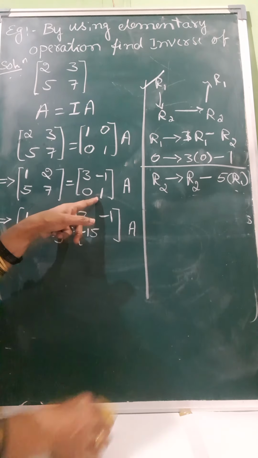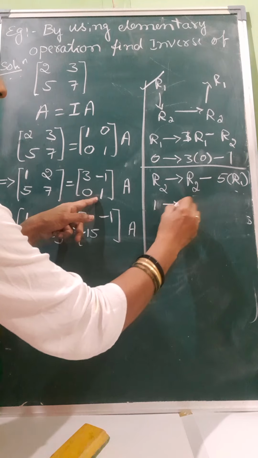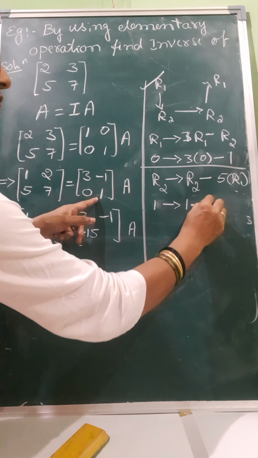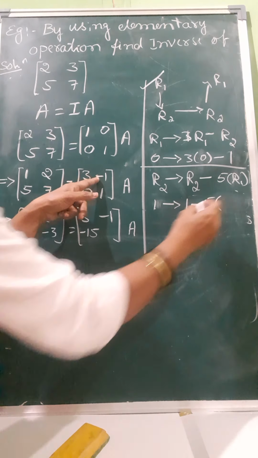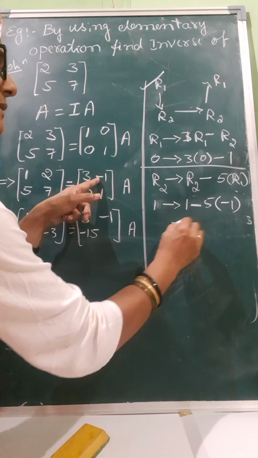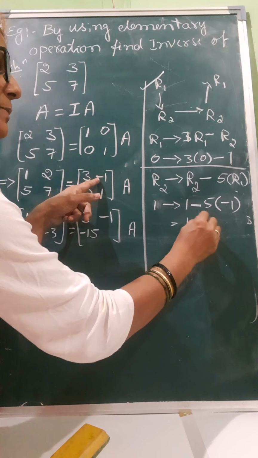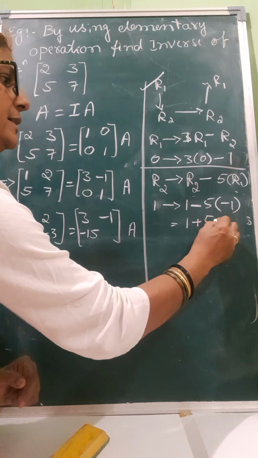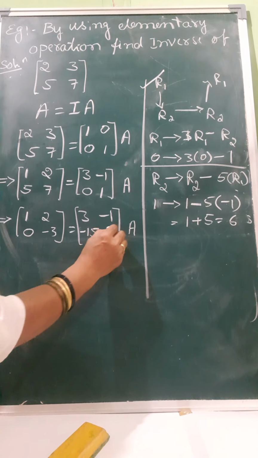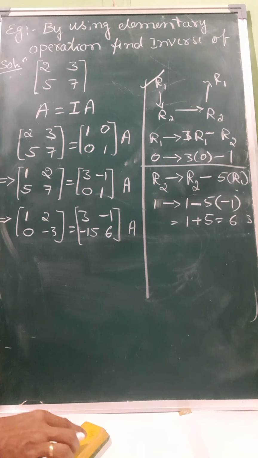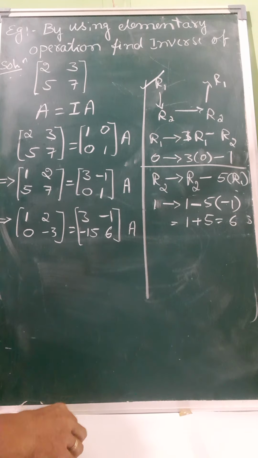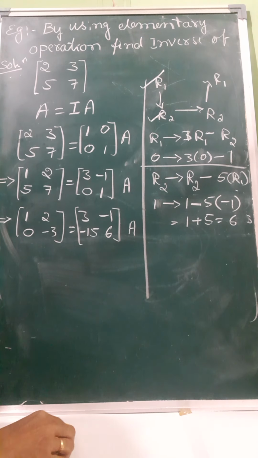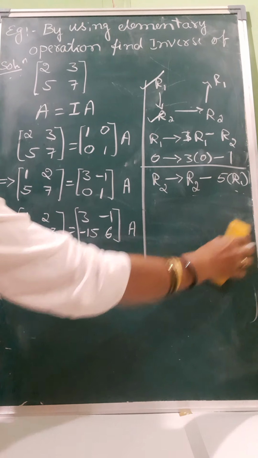So 1 changes to 1 minus 5 into minus 1 in R1, that is 1 minus of minus is plus, 5 into 1 is 5, that is equal to 6. So here R2 is also over. We come to the next one.